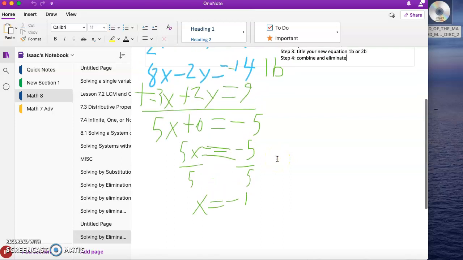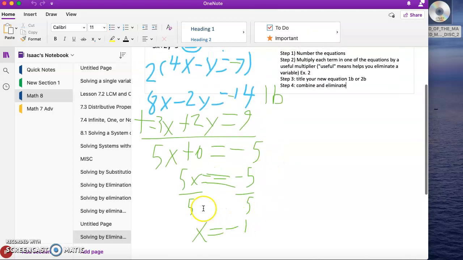Now that I have figured out my first variable, x, we come to step 5. Substitute the found variable in any of your 3 equations, or rather, not any, the easiest.